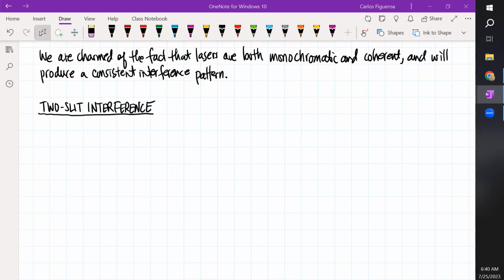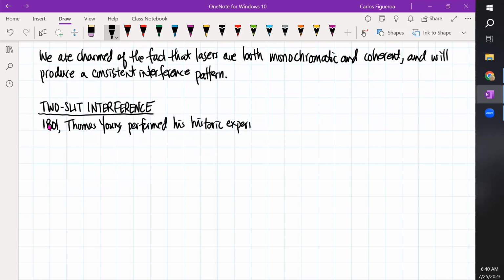So what we're going to find here is that in 1801, Thomas Young performed his historic experiment.